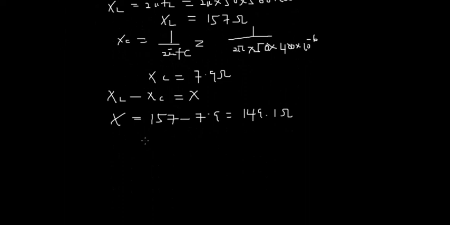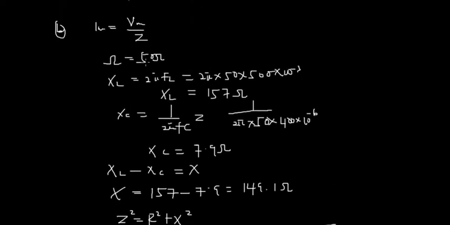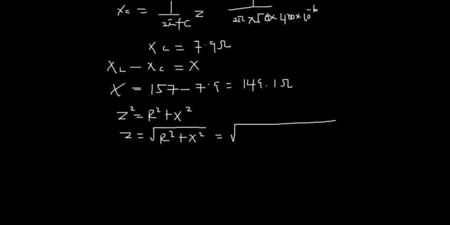Now you know that impedance Z is equal to the square root of R squared plus X squared. So from here you can just compute impedance. You know R to be 50, from our initial stage, our resistance is 50.